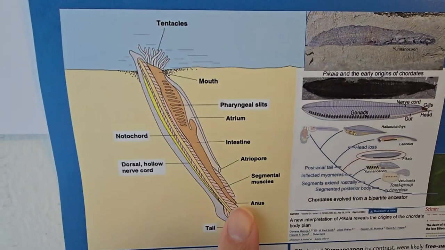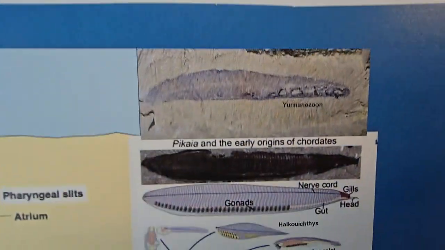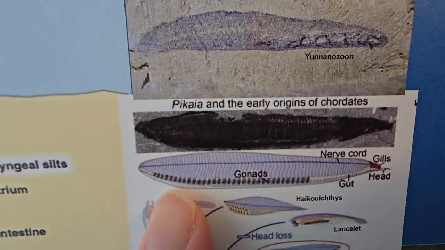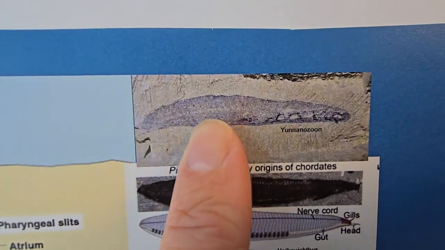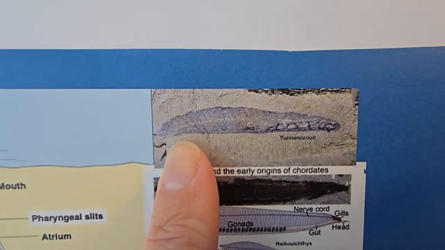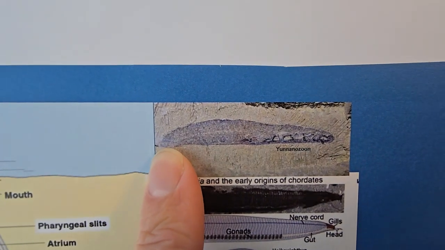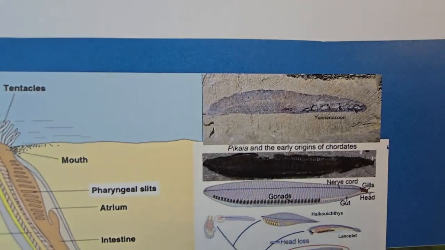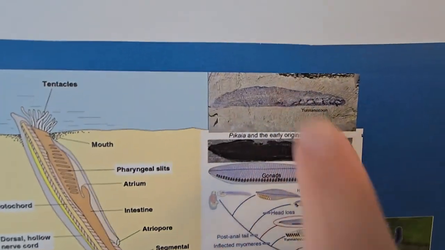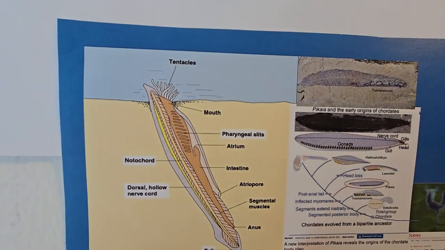It also has a tail beyond the anus, which interestingly, in this paper, he has the anus at the end. But if you look at this spiraling gut in here, you can kind of see it. It actually turns out here. So there's a little bit of a tail in this guy in most interpretations. This particular one may not show it as well as others, but certainly he's got an advanced body.